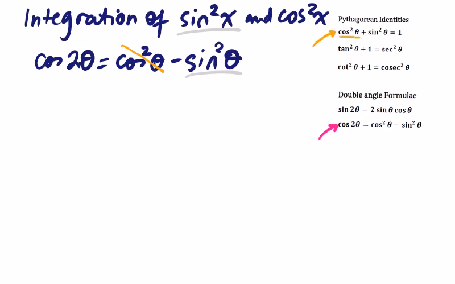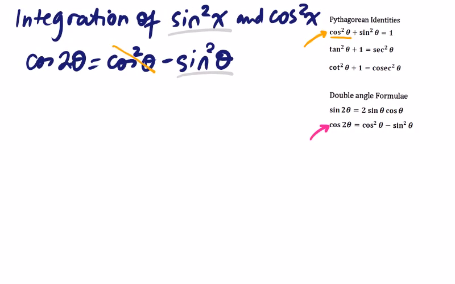So if we want cosine squared, we're going to isolate it, subtracting sine squared theta from both sides, and we have that new expression. So we rewrite this whole double angle formula as, instead of cosine squared, the expression we have there, 1 minus sine squared theta.